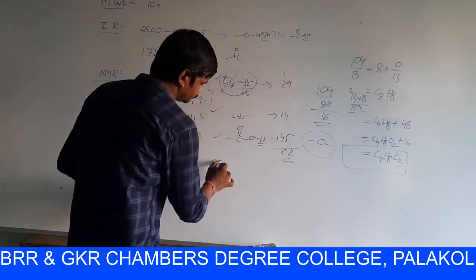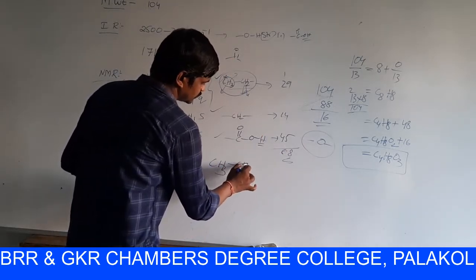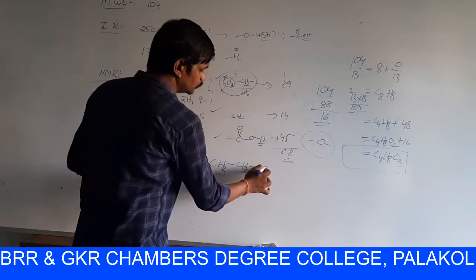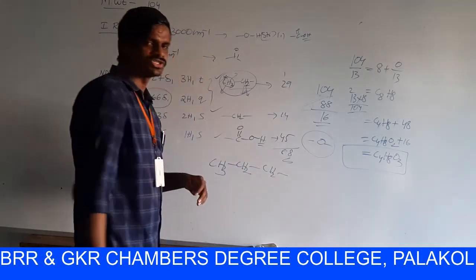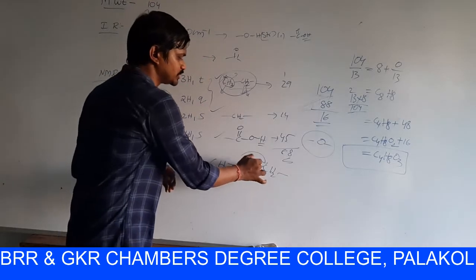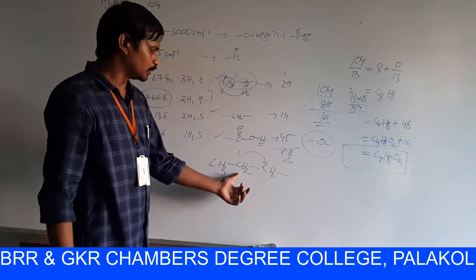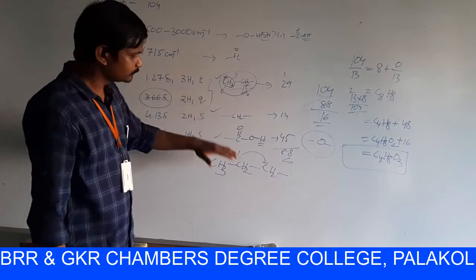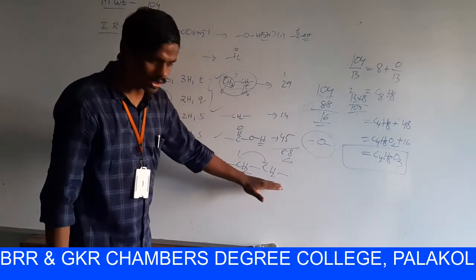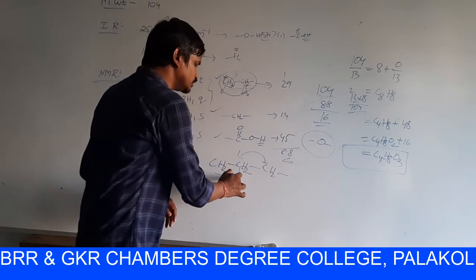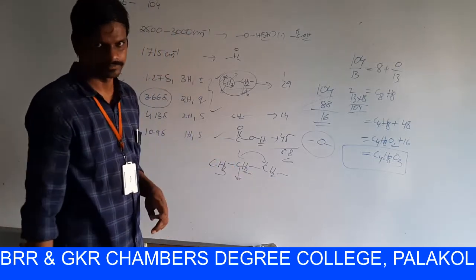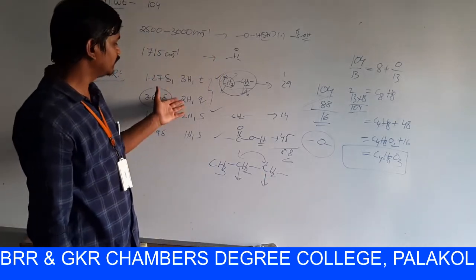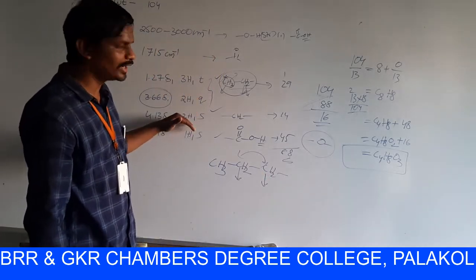If I attach the CH2 to this CH2, then the multiplicity of these two units will change, because the NMR data given is 2 hydrogens quartet. If I attach CH2 to another CH2, then this CH2 appears as a sextet and this CH2 appears as a triplet. But what they give is 2 hydrogens quartet and 2 hydrogens singlet.